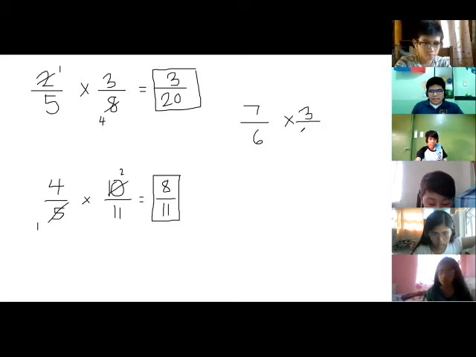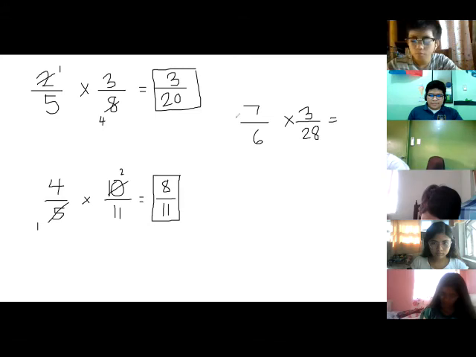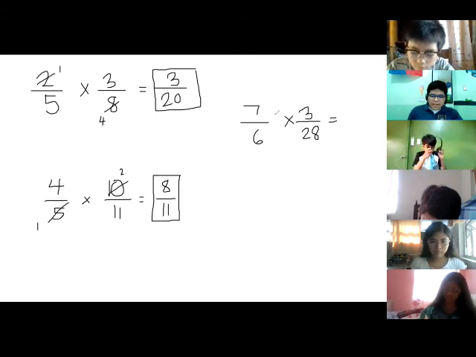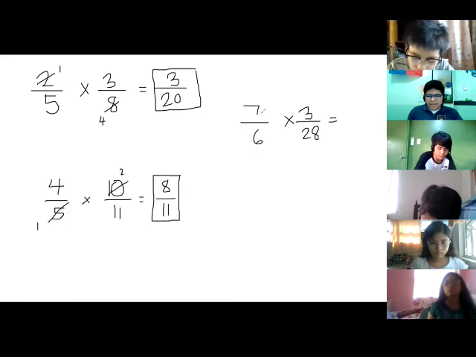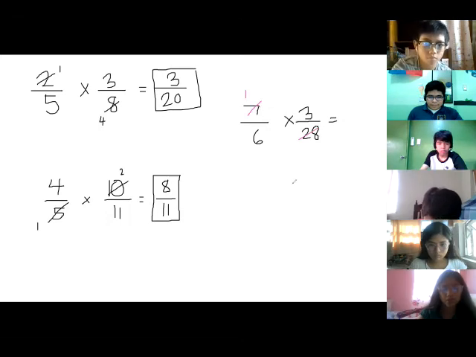Let's, 21. Ay, ano yun? 28. Yan. Parang mas maganda. So, 7 over 6 times 3 over 28. Go ahead. Okay. Let's check. So, ako na ha. Yung 7 at 28, pareho mo pwedeng i-divide by, yes, by 7. 4.